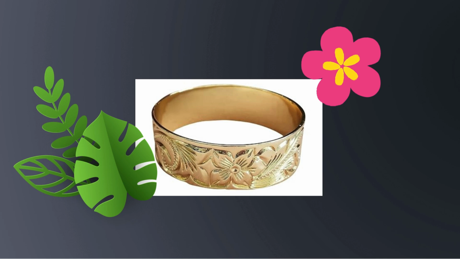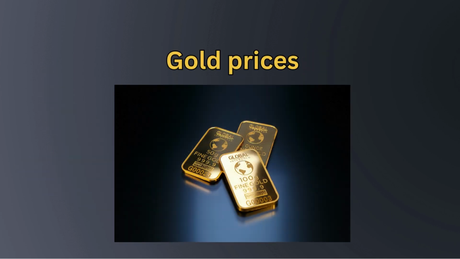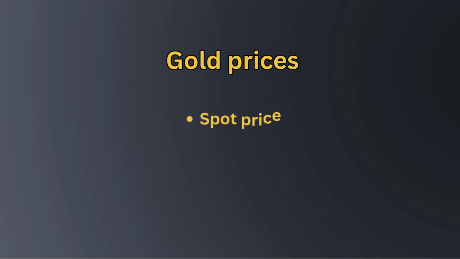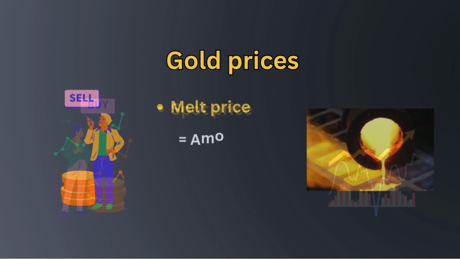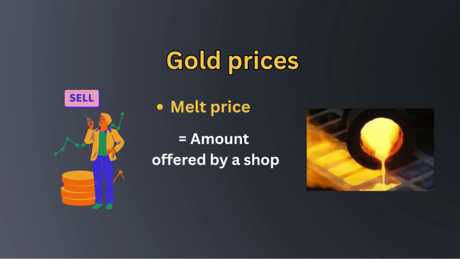Now let's talk about gold prices. There are two main categories, each with two types of pricing. The first category includes spot price and melt price. The spot price refers to the current market price of gold. The melt price is the amount offered by a shop when we sell gold.